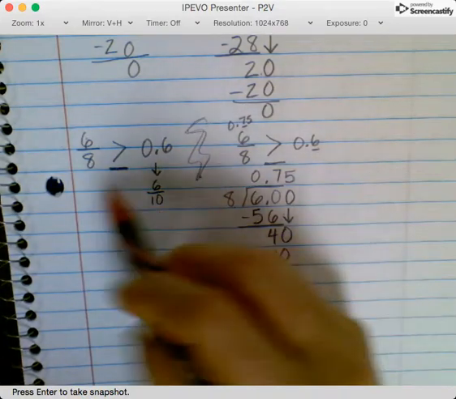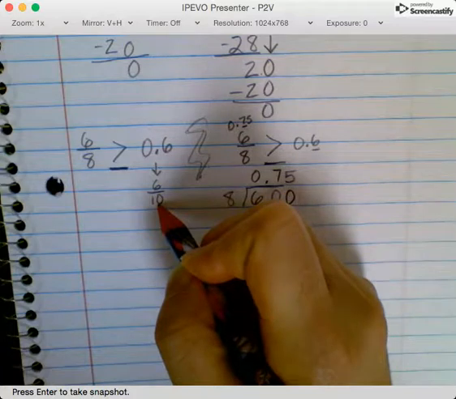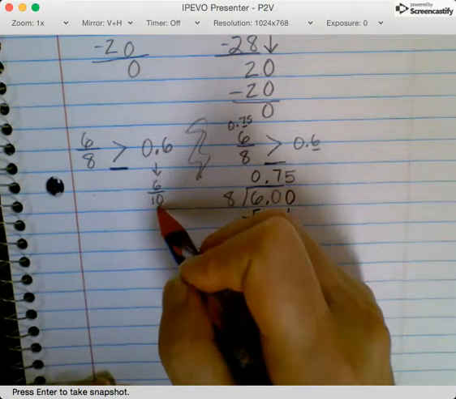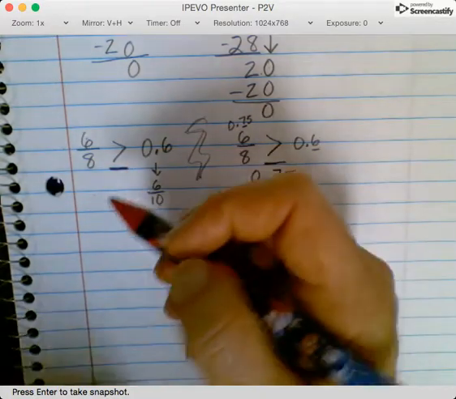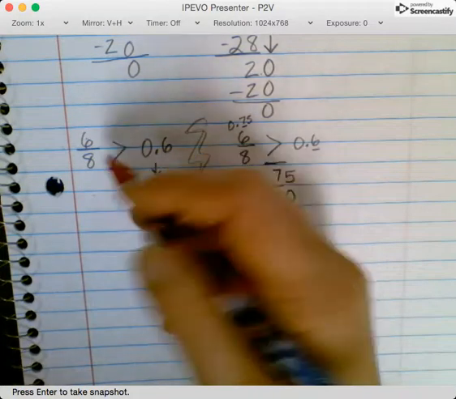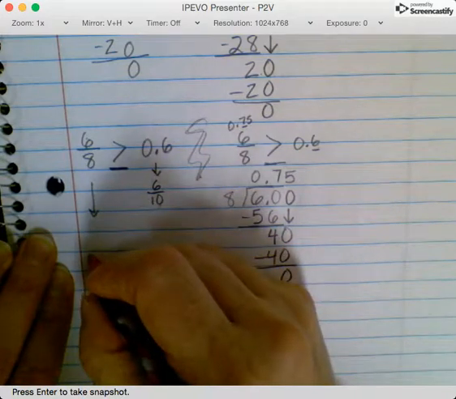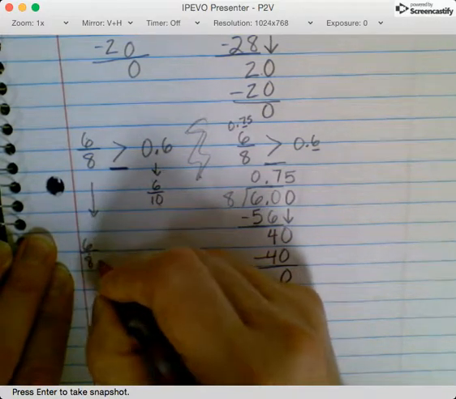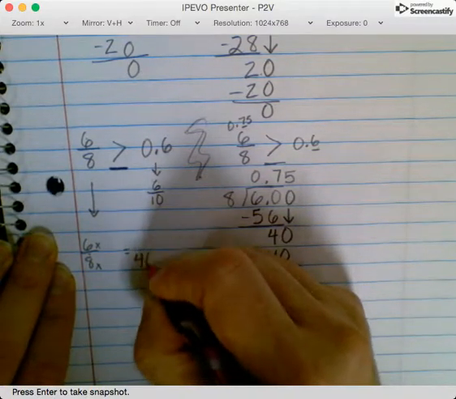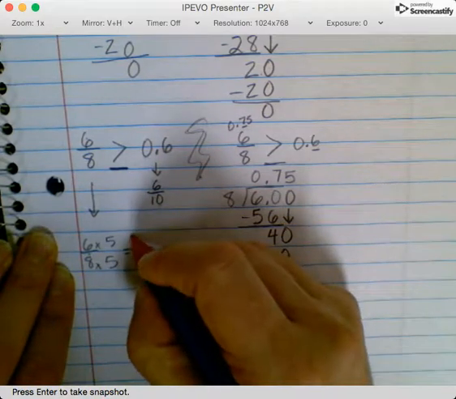Another way you could look at it is if you changed this to a fraction and then made the denominators the same. So 8 and 10, they both go into 40. So we could do 6/8. 8 times 5 is 40. 6 times 5 is 30.